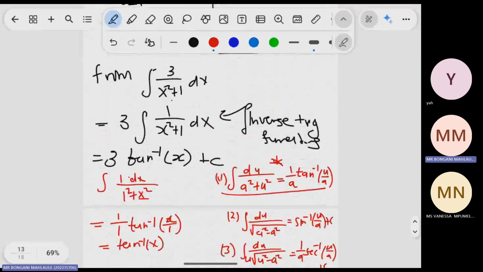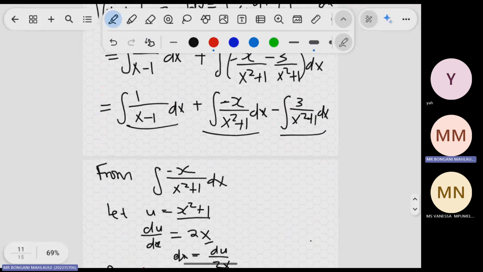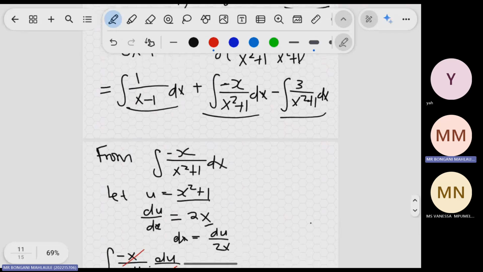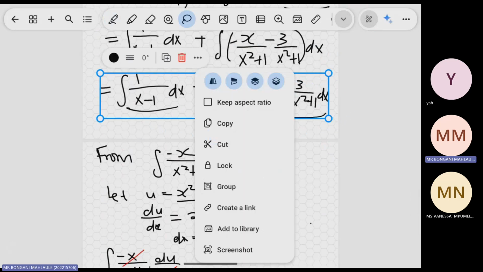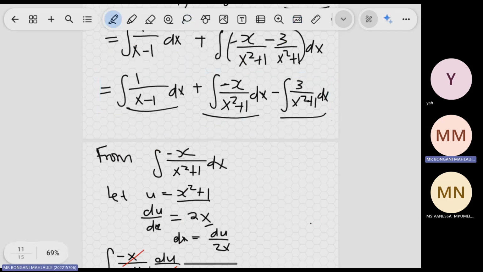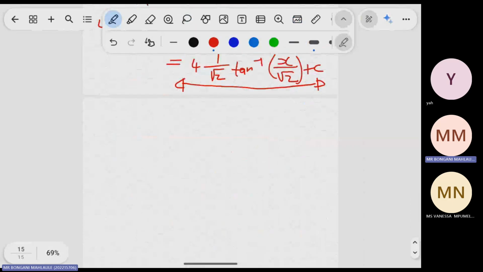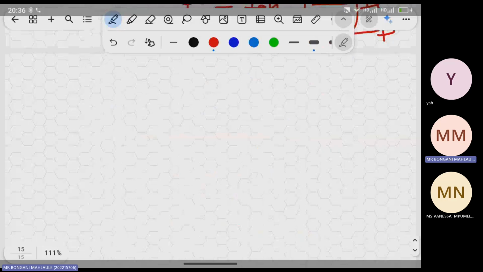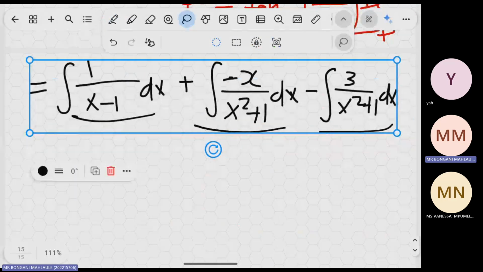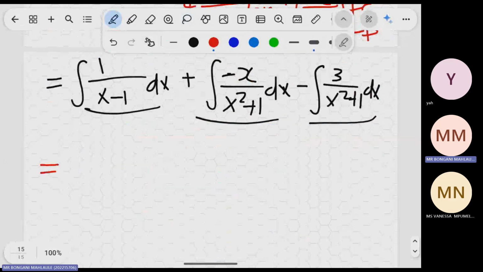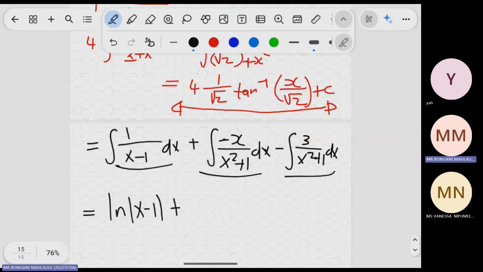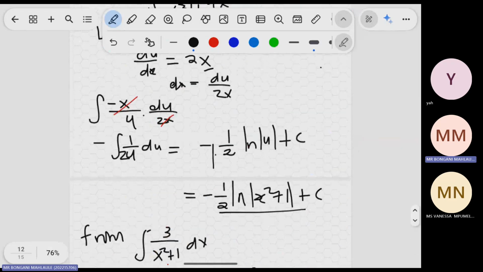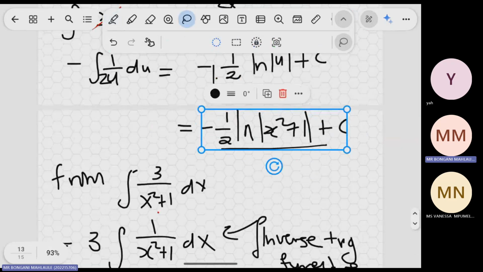So now let me move and substitute back my things. So I'll have to copy this part. I have a lot to do. And this will be the ln of x minus 1. So the answer of the second one is this one up there. I'll just copy them.